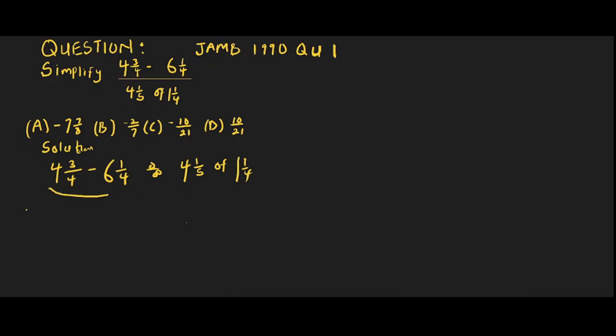Now, what we have done here is that this is the numerator. For convenience, to be easy to solve, I decided to split it because in fraction we have a over b, which is also the same thing as a divided by b. That's what we have employed here. So this is the numerator and this is the denominator.